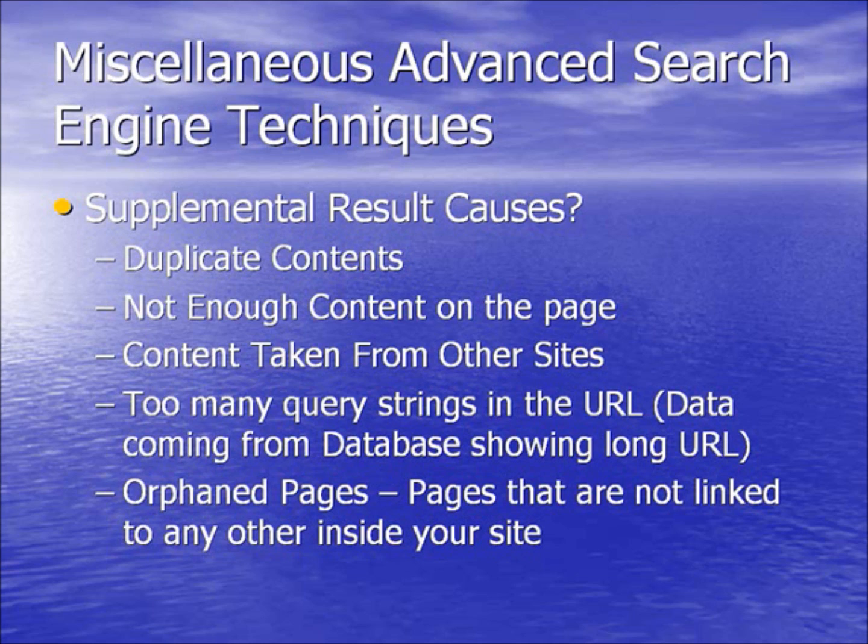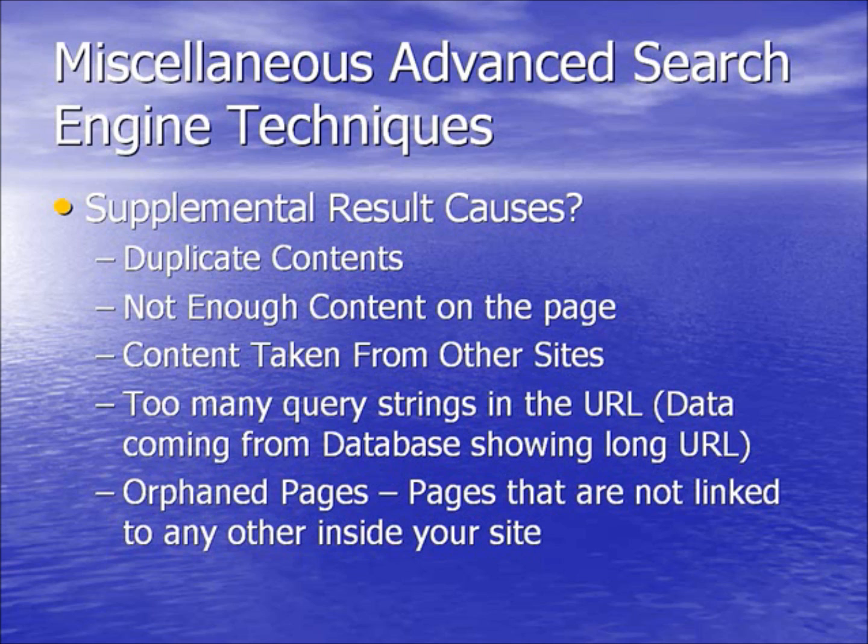Other causes are content taken from other sites, too many query strings in the URL, and data coming from a database showing long URLs. If the URLs are really long, that can sometimes be a cause for getting results in the supplemental index. Last but not least, orphan pages.